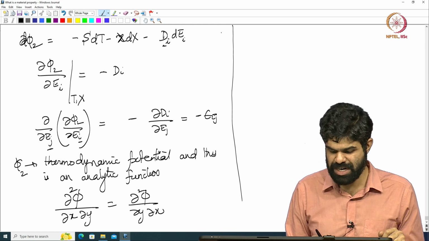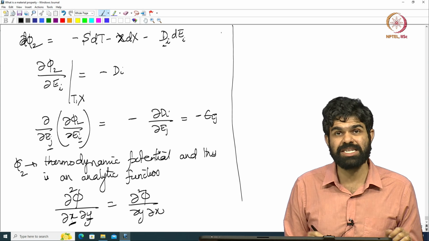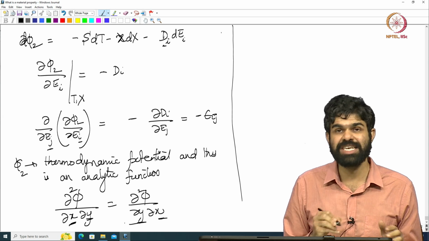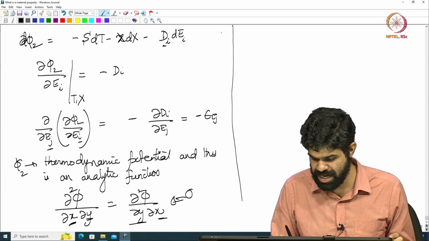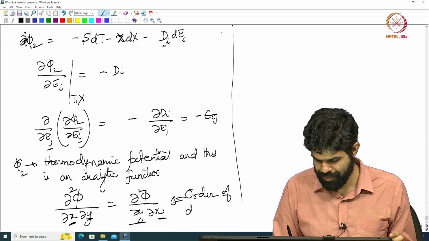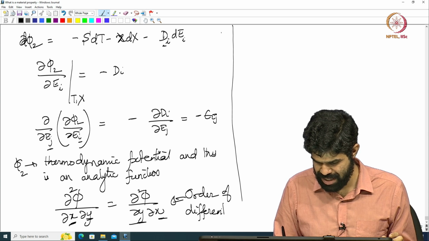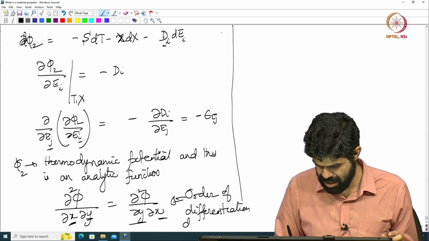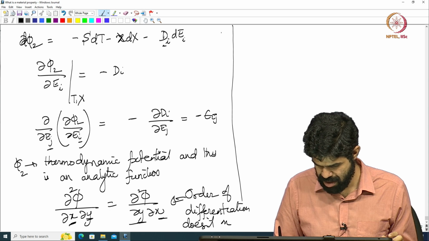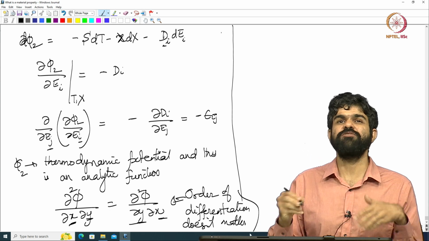So, whether I differentiate with respect to y first and x next, or x first and y next, it does not matter, the order of differentiation does not matter. So, this is a property of an analytic function.